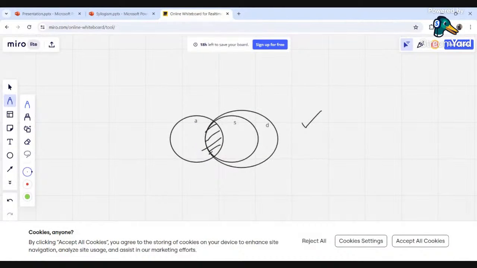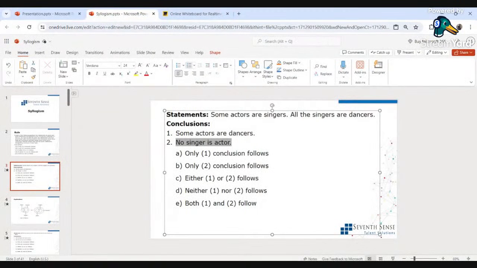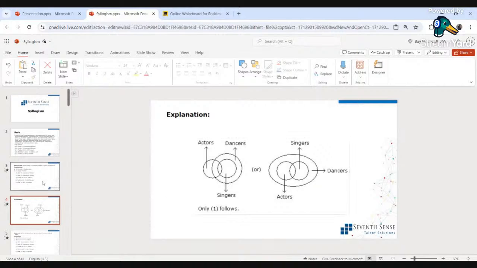You are telling that no singer is an actor. Is it true? No, right? Because some singers are basically actors. Some singers are actors. Same thing we can draw over here. So your conclusion 2 also follows. So the correct answer is option B, that is both 1 and 2 follow.